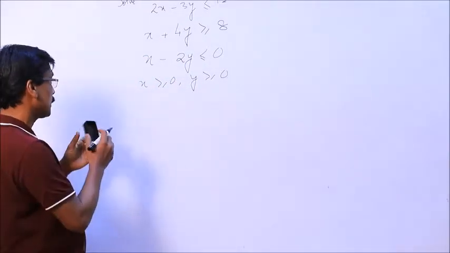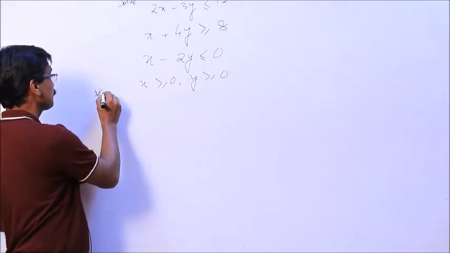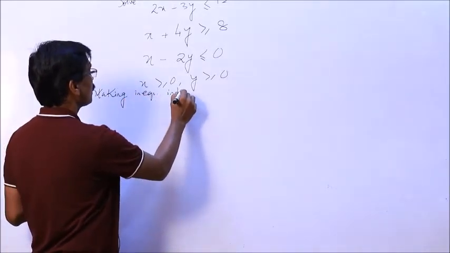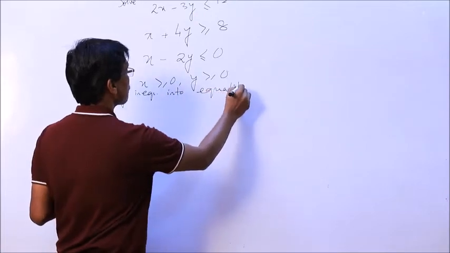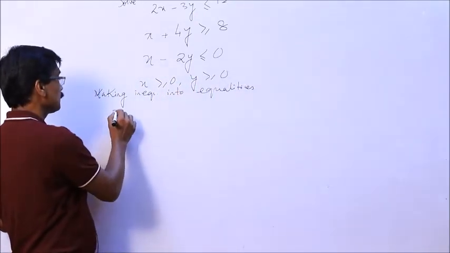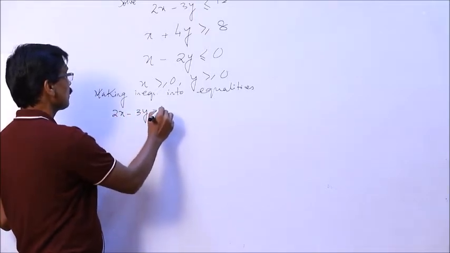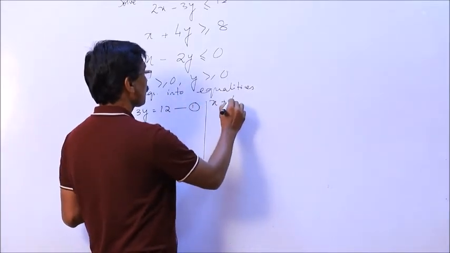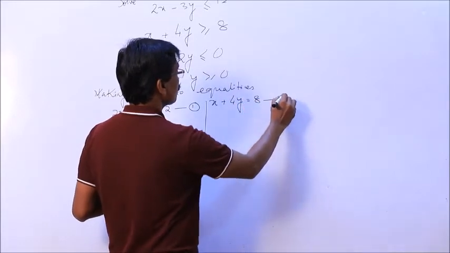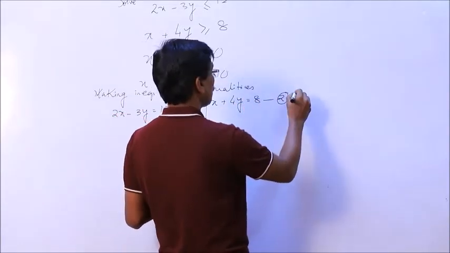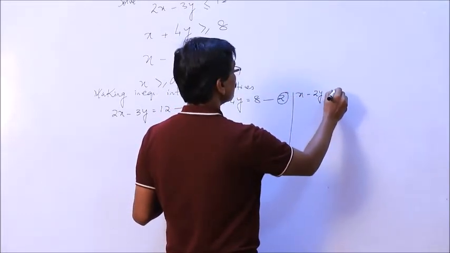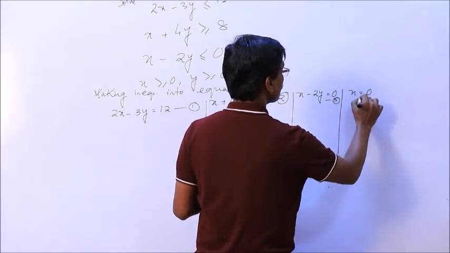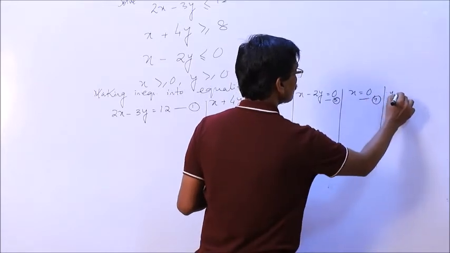How to solve this? First, making inequalities into equalities, that is 2x minus 3y is equal to 12, equation 1, x plus 4y is equal to 8, equation 2, x minus 2y is equal to 0, equation 3, and x is equal to 0, equation 4, y is equal to 0, equation 5.